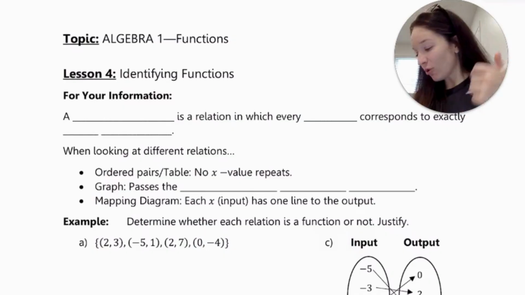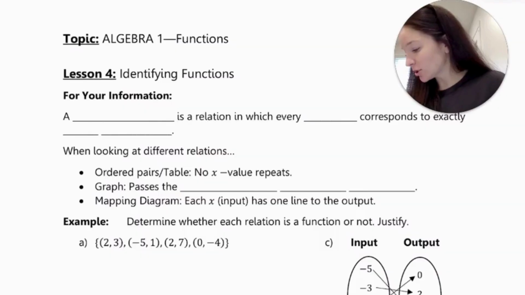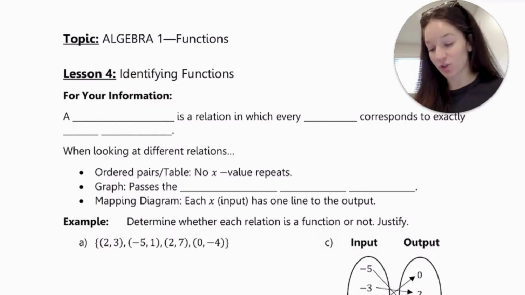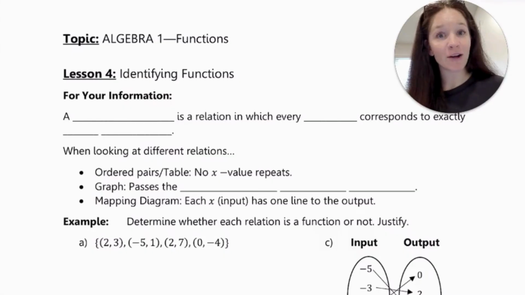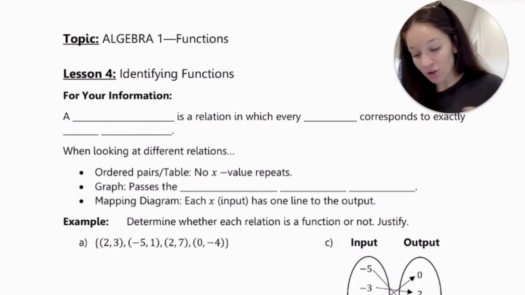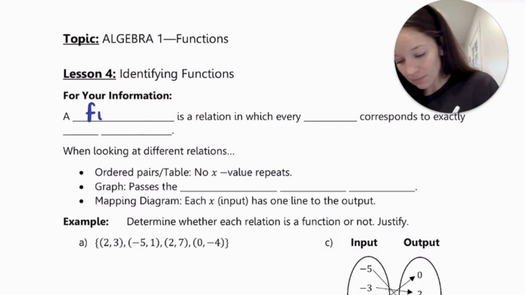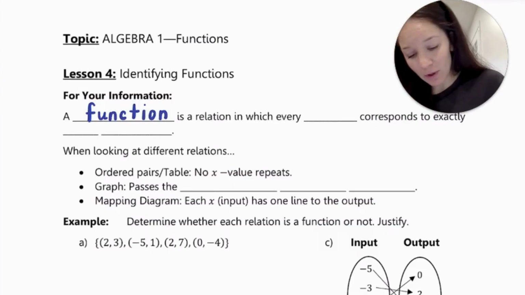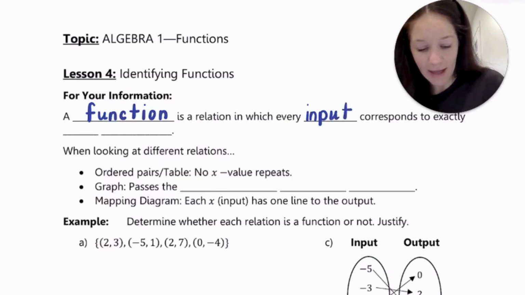Okay? So let's start with identifying functions. For your information, we're going to define what a function is. A function is a relationship where every input, remember input is our domain, it is like our x values.